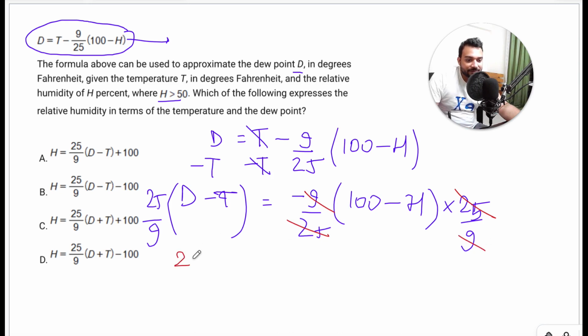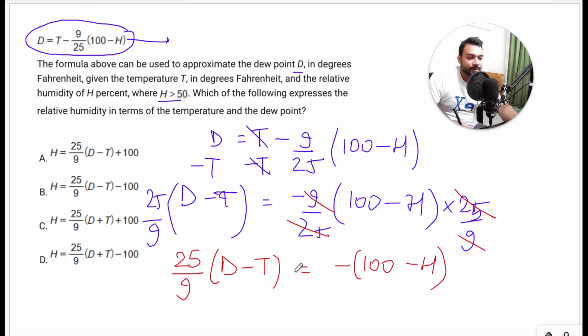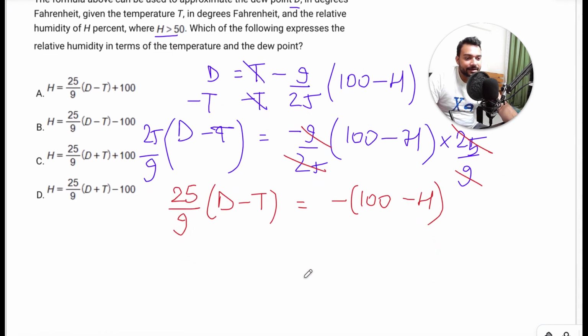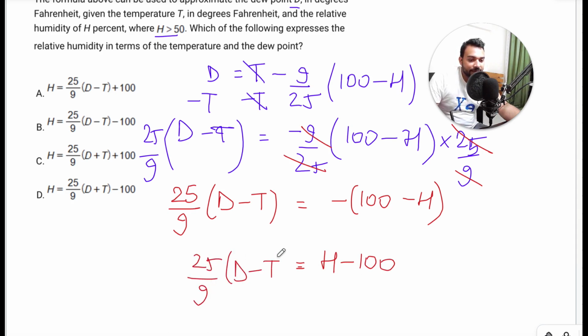On the left hand side it's negative 25 over 9 times (D minus T), which is equal to 100 minus H. If I actually multiply the minus sign inside on the right hand side, I get H minus 100 is equal to 25 over 9 times (D minus T).